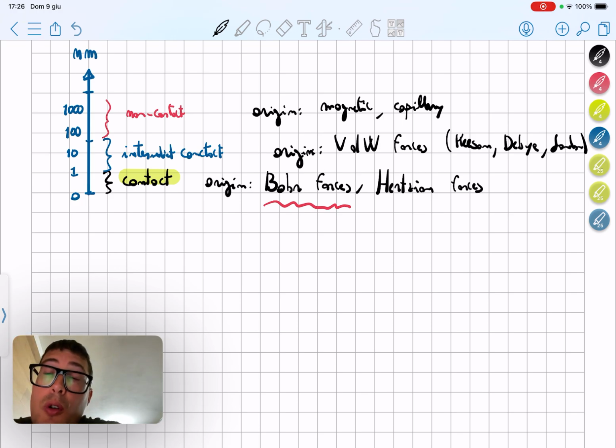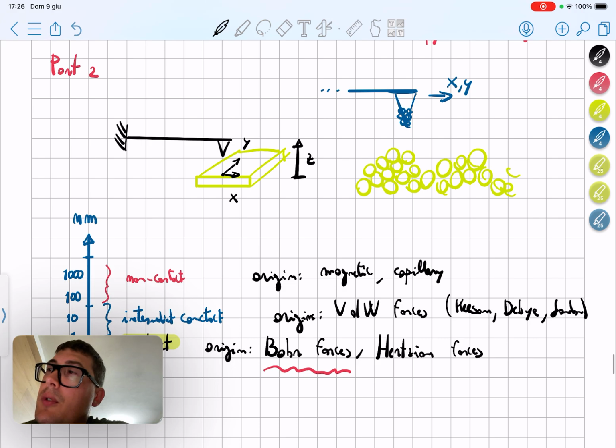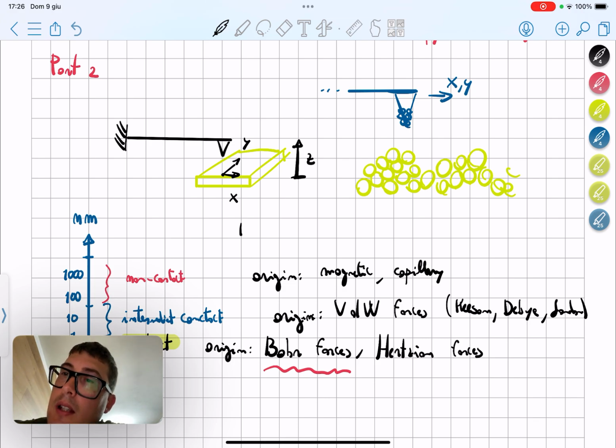In a second, we will also see a tentative potential which describes this complex tip and sample interaction, because what we are looking at here is the tip, and I would like you to remember that this is the tip and this is the cantilever.